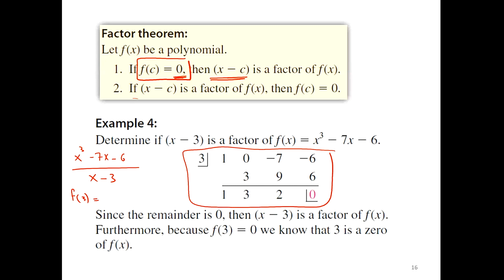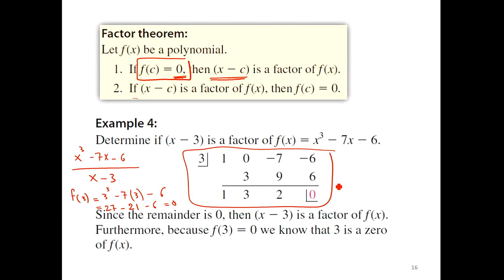We can conclude directly that x minus 3 is a factor of f of x. Substitute 3: 3 to the power 3 minus 7 times 3 minus 6, which is 27 minus 21 minus 6. So this is 0.